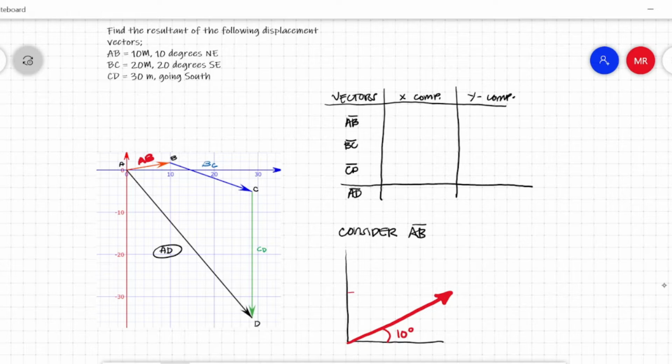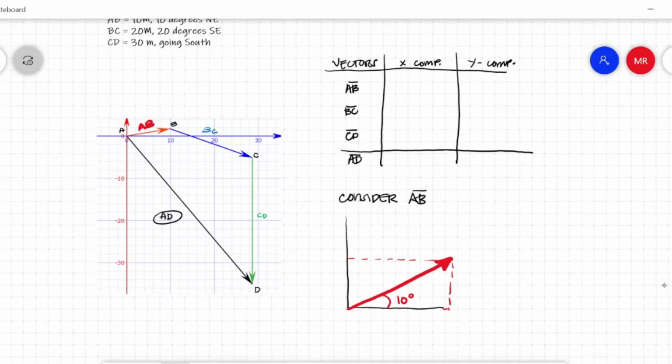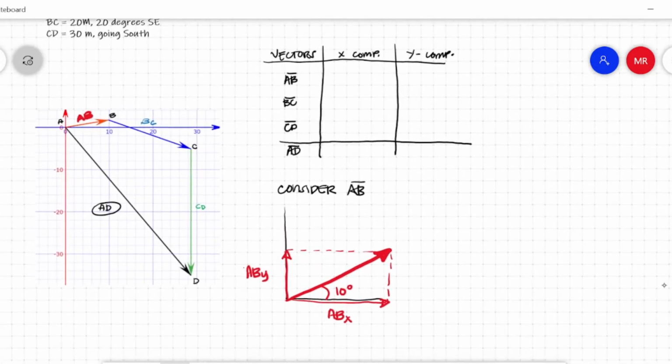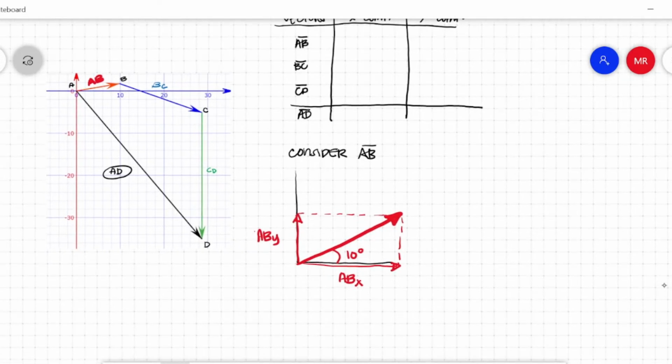To get the x and the y component, let us project it to this side. This will be your ABX, the x component going to the right, and this is your ABY or the vertical component. Now how can we find the x and y component? Of course, we need to use our knowledge of trigonometric functions.